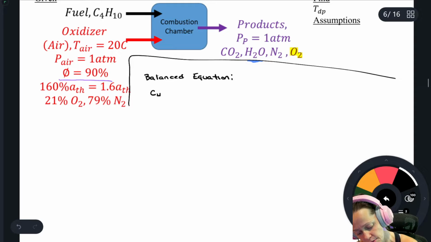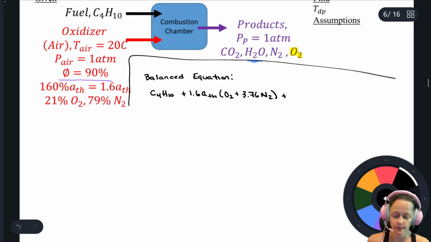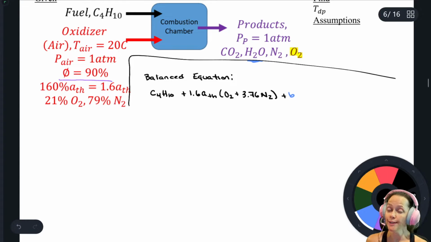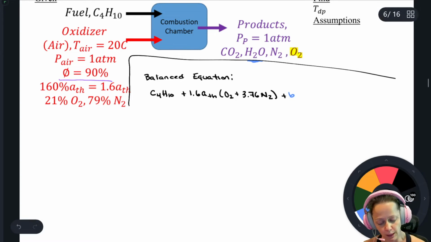So I've got C4H10 plus 1.6 A_th times O2 plus 3.76 nitrogen plus something else because I've got relative humidity, so I know that I've got some amount of water within that air. So it's not just dry air, we've got water too. We've got moist air coming in.